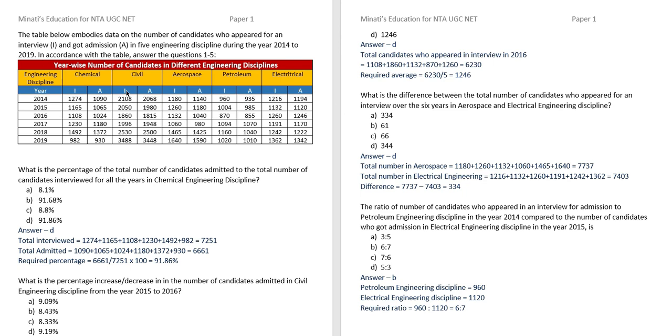So let's come to the topic. See, a table is given over there. Looks-wise it is a very big table and difficult to understand, but it is a little bit easy.